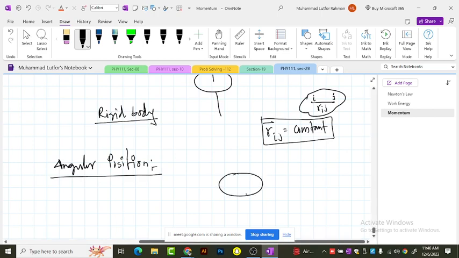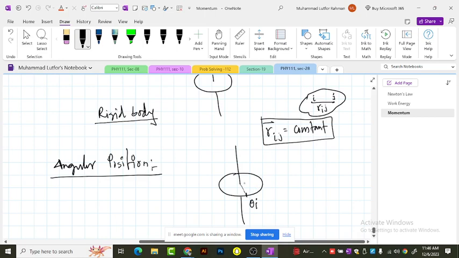On that rigid body you have a point, you are rotating this rigid body, you mark that point and you rotate it, and the location of this point, theta i, is the initial angular position.